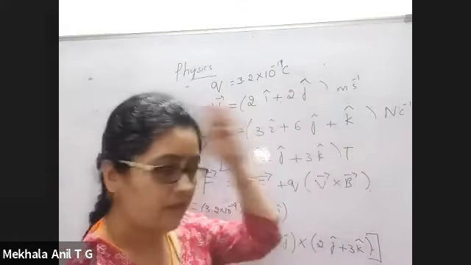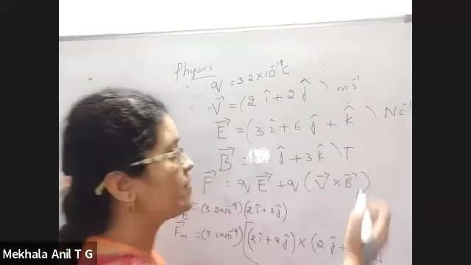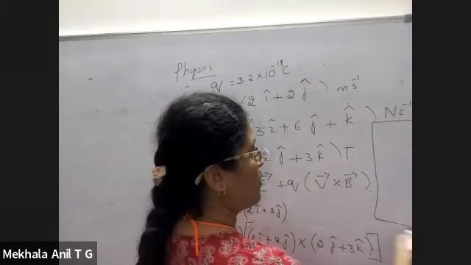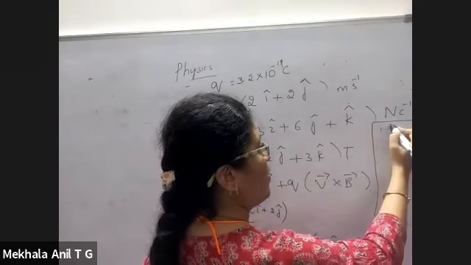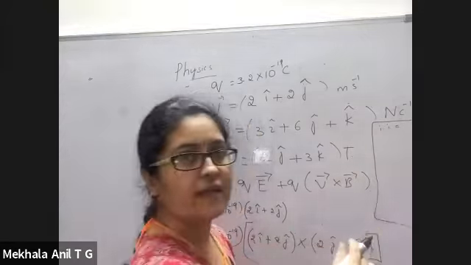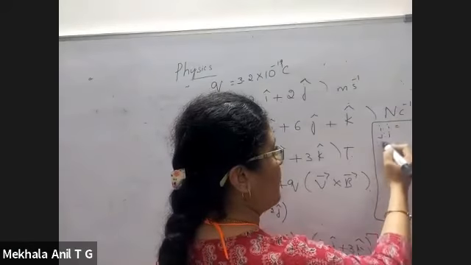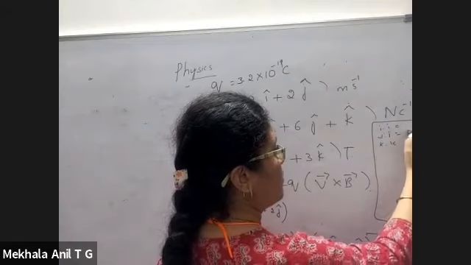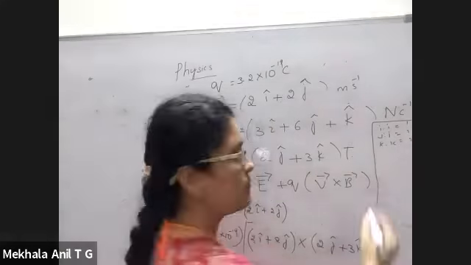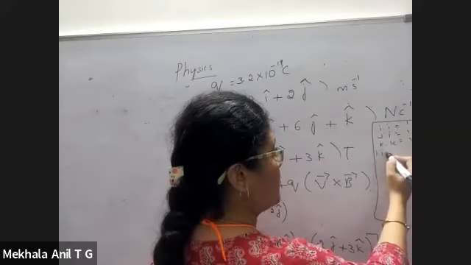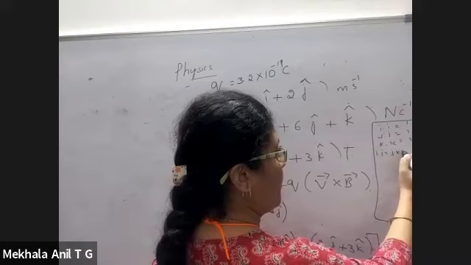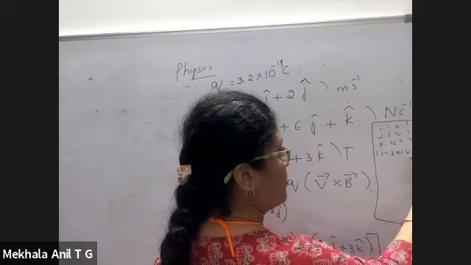See, in the dot products and cross products, you should always remember i dot i and j dot j, k dot k is equal to 1, whereas i dot j, j dot k, k dot i is equal to 0.